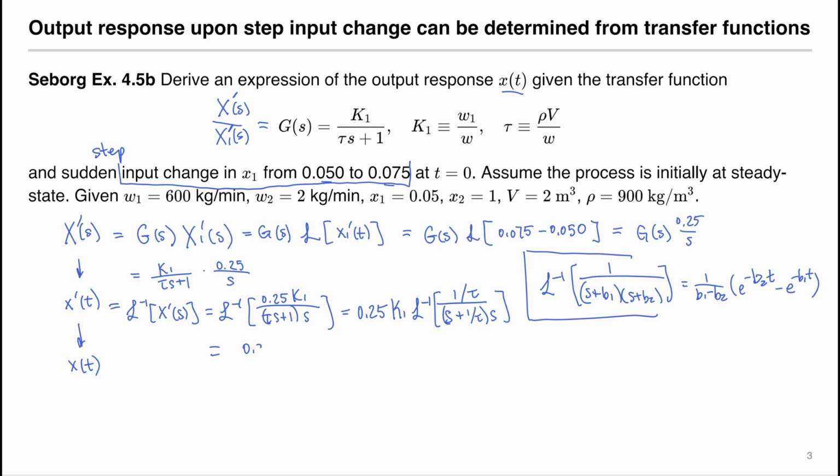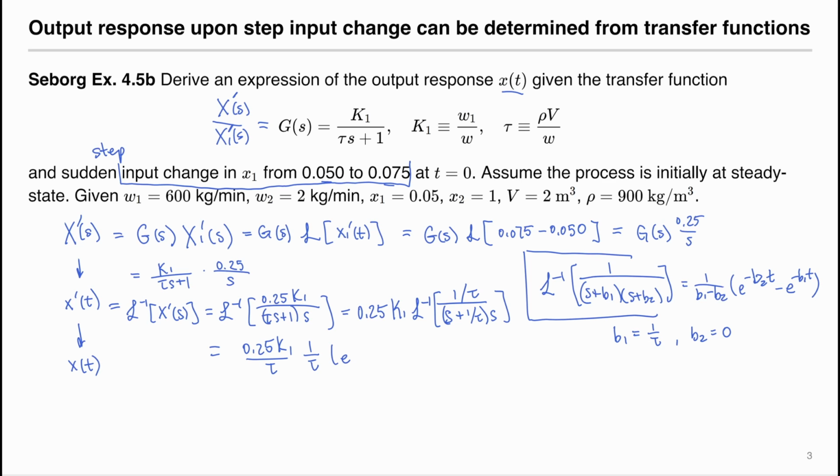So 0.025 k1 over tau. In the Laplace transform of that, b1 equals 1 over tau, and b2 equals 0. So b1 minus b2 is 1 over tau.